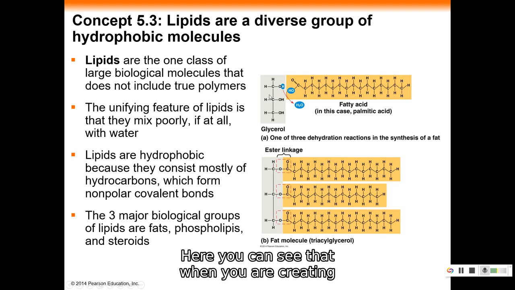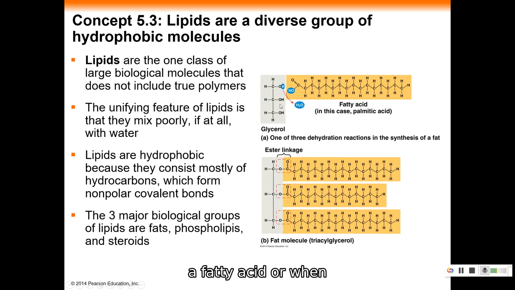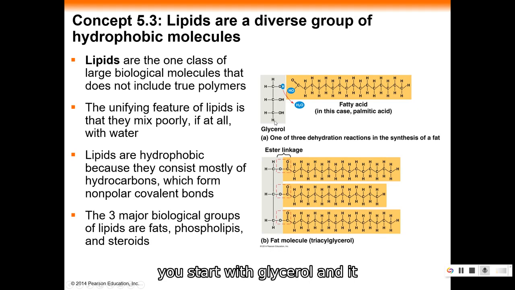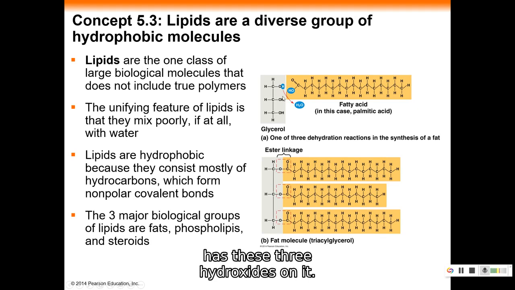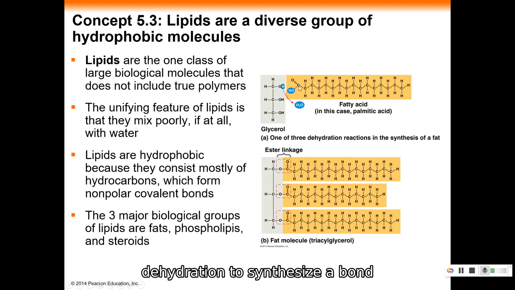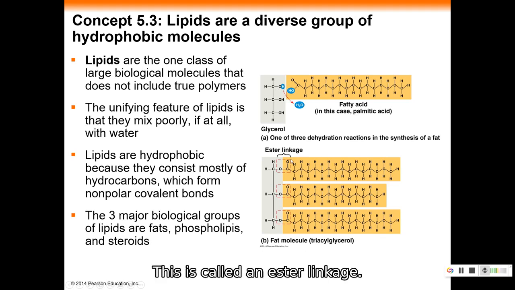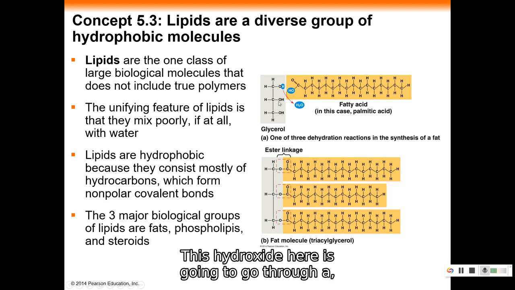Here you can see that when you are creating a fatty acid, or when you're creating a triacylglycerol, a fat molecule, you start with glycerol, and it has these 3 hydroxides on it. Each of these hydroxides can undergo this dehydration to synthesize a bond between glycerol and the fatty acid. And this is called an ester linkage.